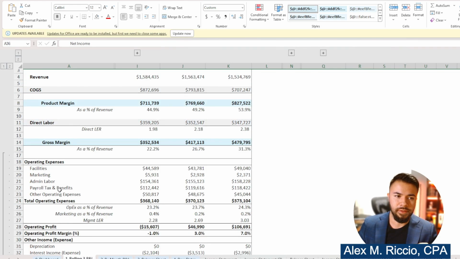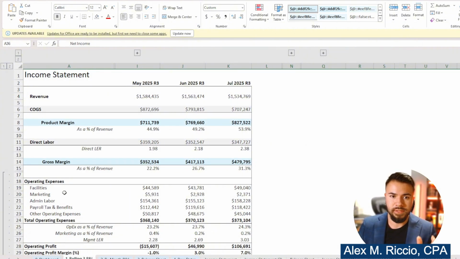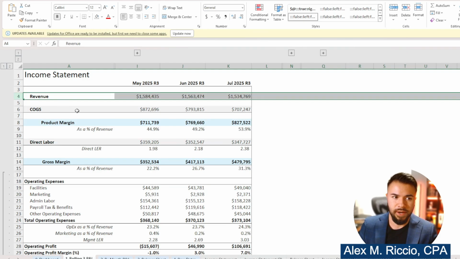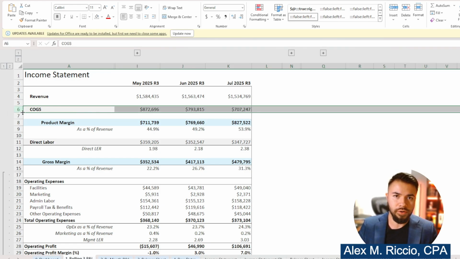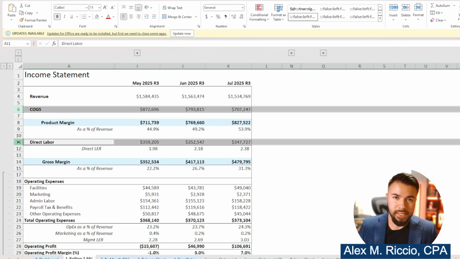So let me start up at the top. When you're looking at an income statement, the way it works is you've got your revenue up at the top, obviously, right? Now, after that, here's a key distinction that if you're not already doing this, you should definitely look into having your accountant do this: I break out your hard cost of goods sold separately from your direct labor.